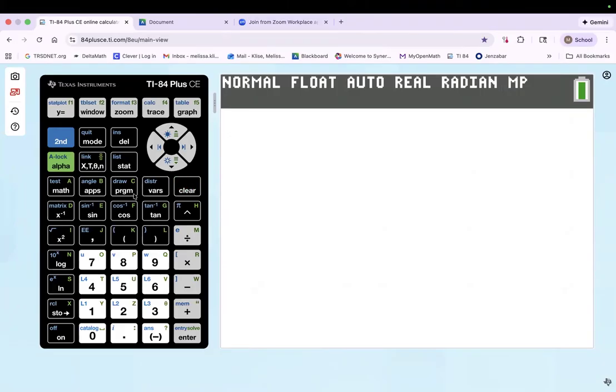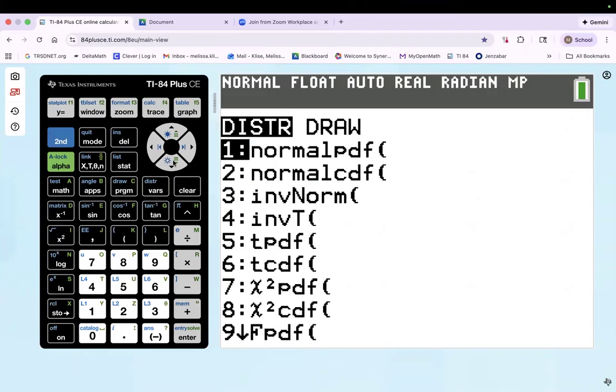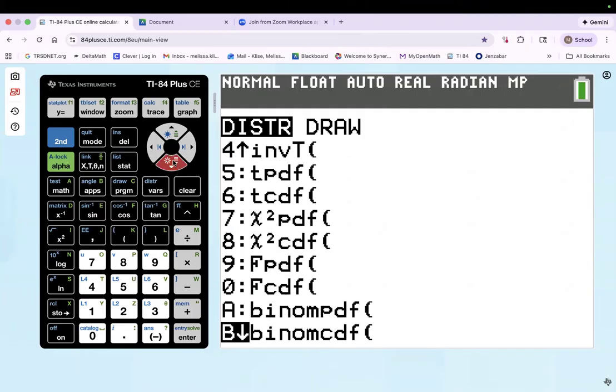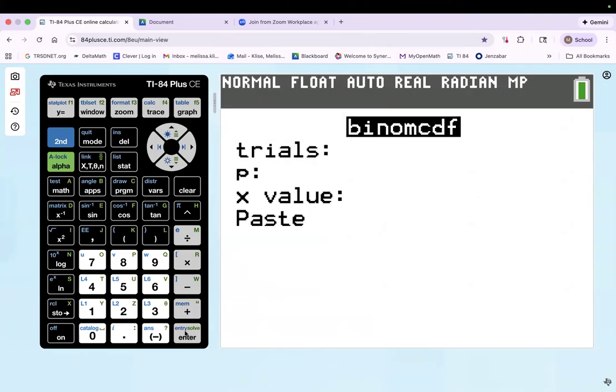We're going to go back to our distribution menu, second vars, and just scroll down. It's right under the PDF. CDF is right under it. So that's the one we want because it's cumulative. It's not precise, it's cumulative. So our number of trials is 20. Probability is 0.35. My X value, successes, is three or fewer.